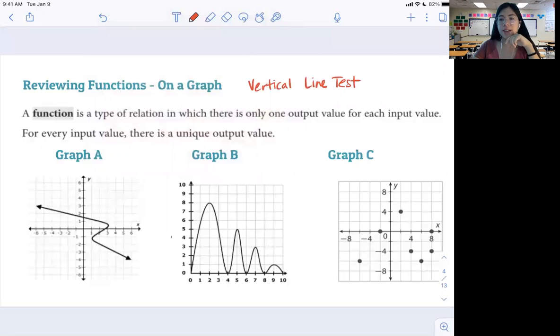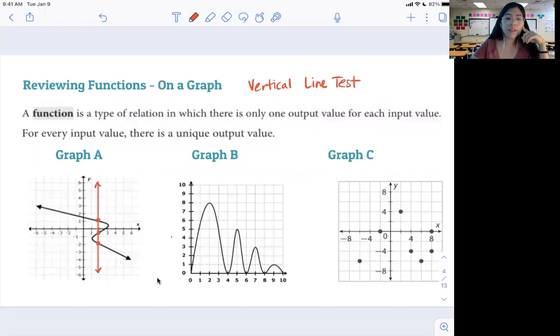The vertical line test is very simple. All you have to do is, if you draw a vertical line, you have to see how many times it touches the graph, the function, if it's a function or not. So let me be clear. For example, in example A, if I draw a vertical line right here, how many times is it touching the graph, the relation? 3 times. 1, 2, 3.